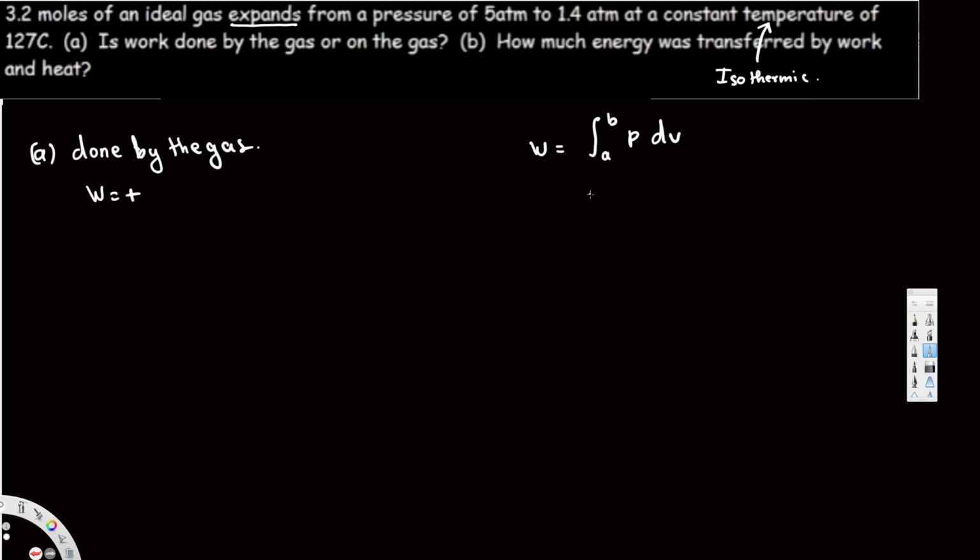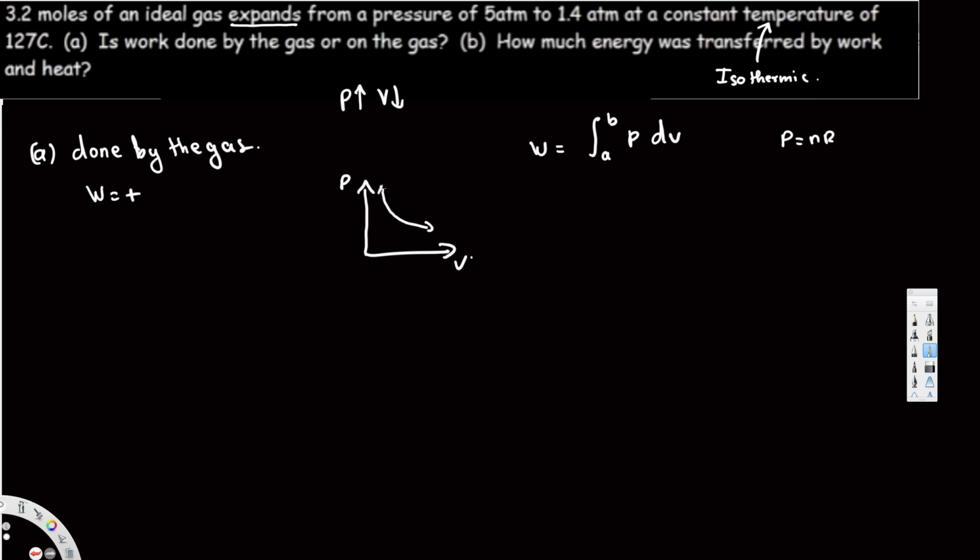We use this because as the pressure increases, the volume decreases, right? According to Boyle's law, but it doesn't decrease like a straight line. If we draw a PV diagram, it goes like a curve.